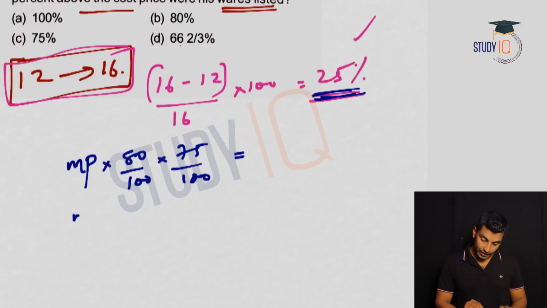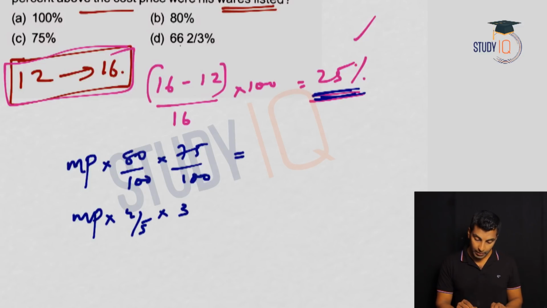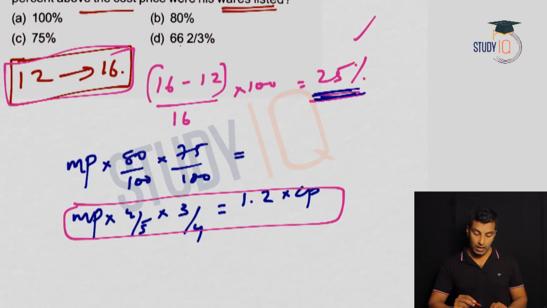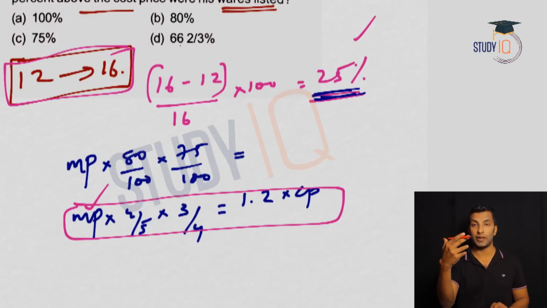So you can write here marked price into 80 divided by 100, which is actually 4 by 5, into 3 by 4, is equal to, since you are getting 20% profit, 1.2 into the cost price. This is how you can reduce the given information. I hope this is clear for all of you. The marked price is the price that he listed on that particular item.